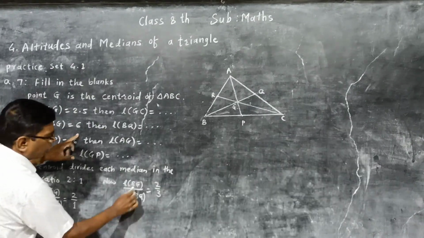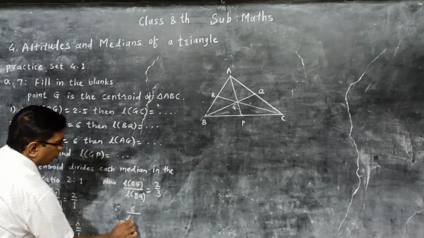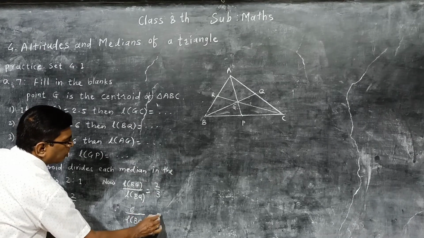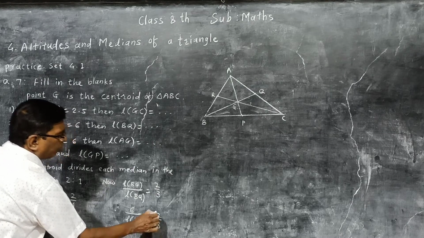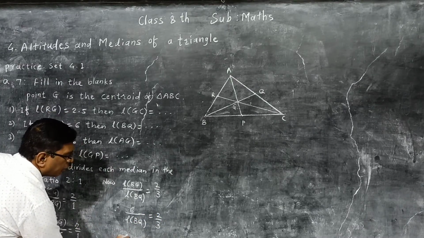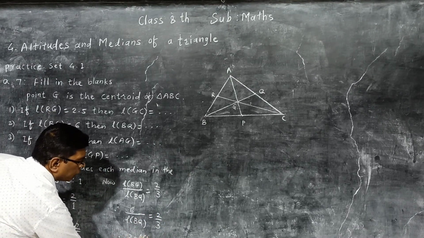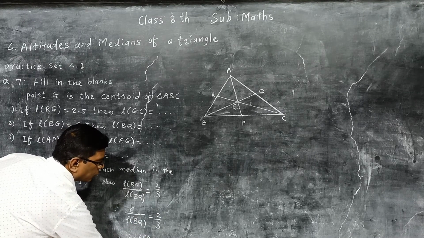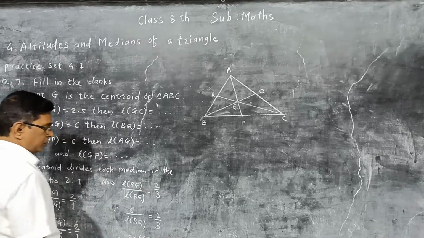Therefore BG's value is 6 upon length BQ is equal to 2 upon 3. Now by cross multiplication, 2 into length BQ is equal to 6 into 3.